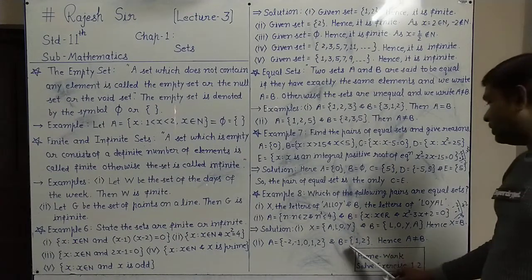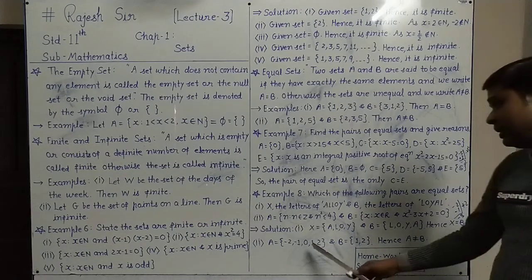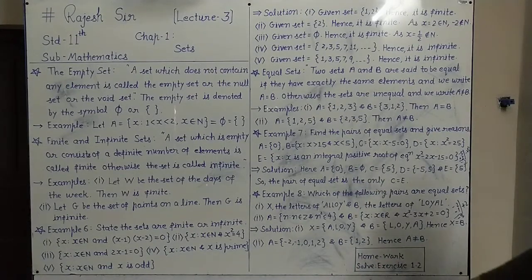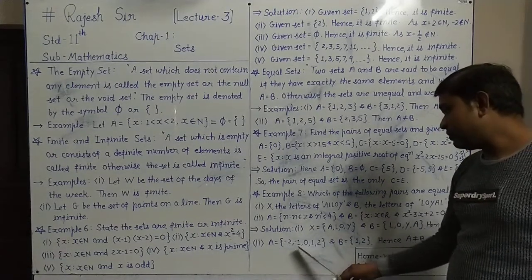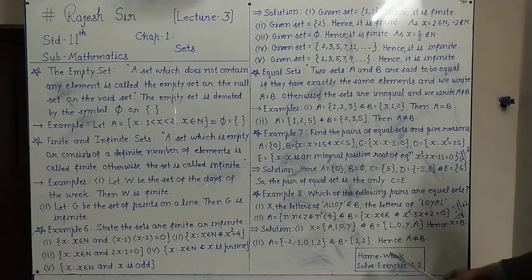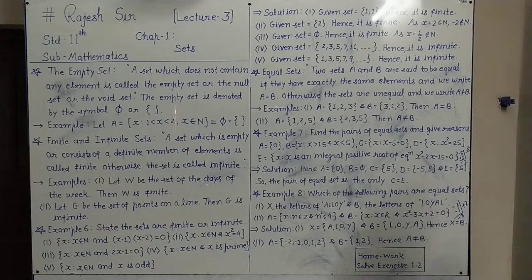So B equals 1 and 2 are the elements of set B. Here we can clearly see that A elements and B elements are not exactly the same, because in A, minus 2, minus 1 and 0 are also elements. In B they are not there. So A is not equal to B, means A and B are not an equal pair.